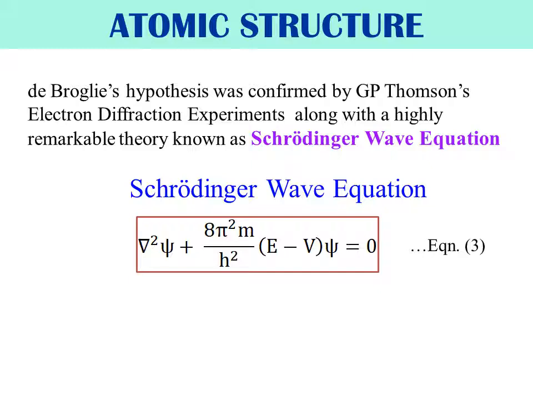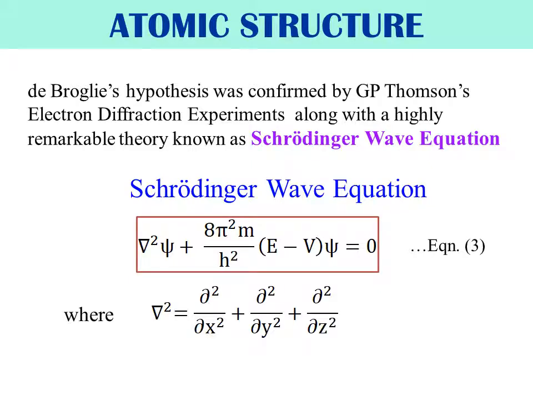Here del square is an operator, a differential mathematical operator, given by del 2 by del x2 plus del 2 by del y2 plus del 2 by del z2. So it's a three-dimensional operator, as you can see x, y, z.